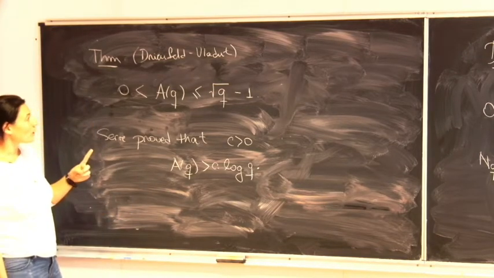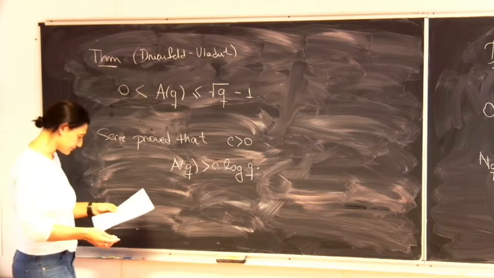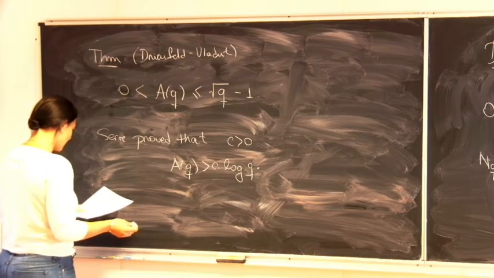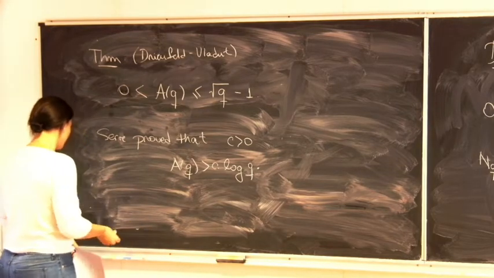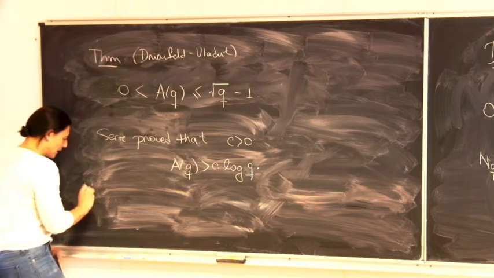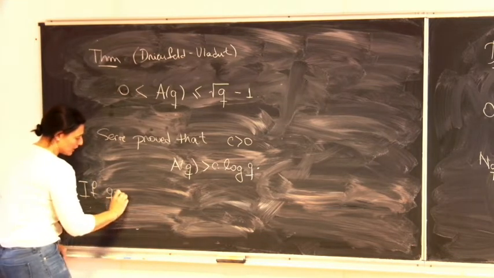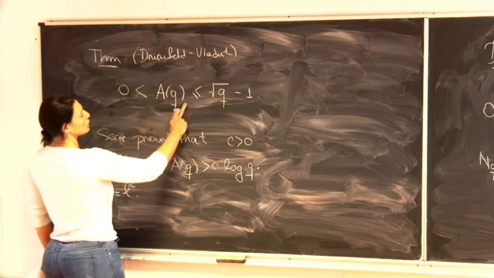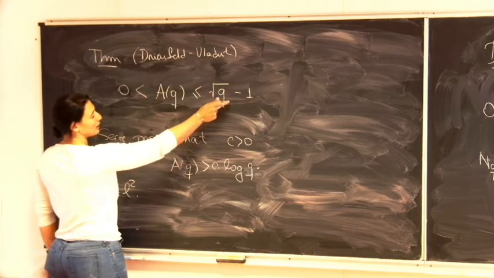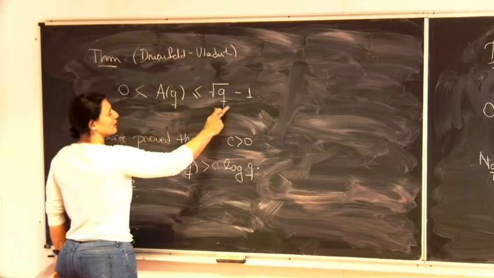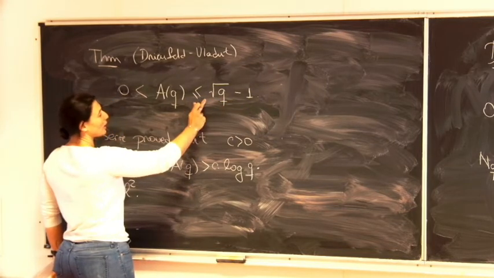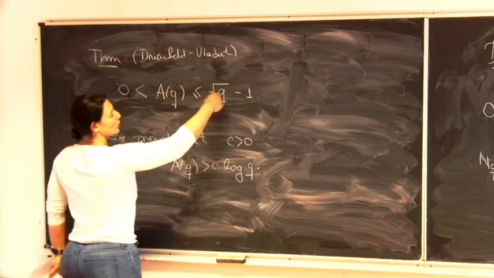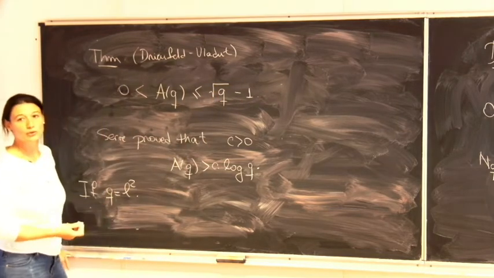But we do know it in one specific case, and it is when q is a square. If q is a square, then we not only know that it is bounded by this quantity, this is an upper bound, but this quantity is also a lower bound for A of q.